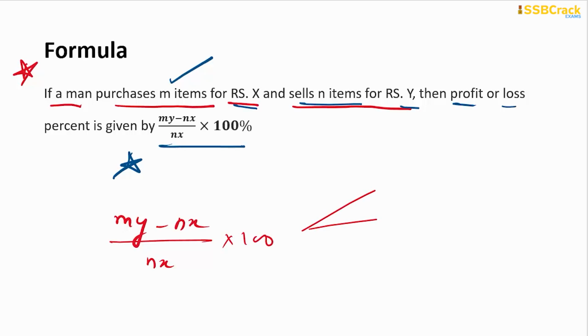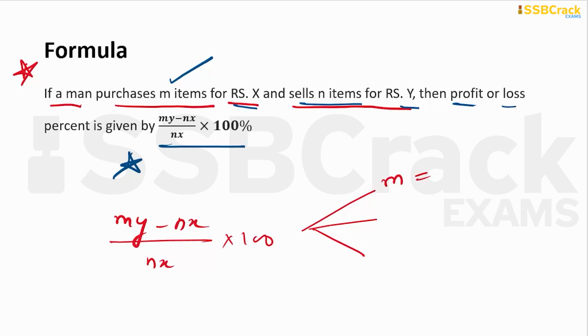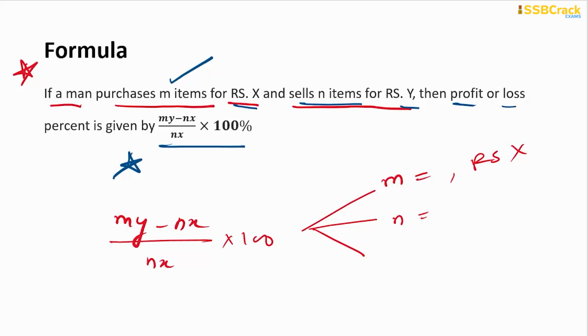What are M, N, X and Y? M is the number of articles that the person purchased for rupees X, and N is the number of articles that the person sold for rupees Y. So Y is basically the SP and X is basically the CP: X is the CP for M articles and Y is the SP of N articles.